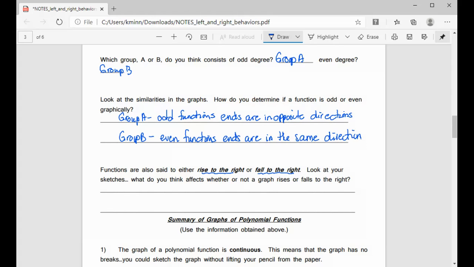If we're rising to the right, the lead coefficient is positive. That lead coefficient is A, so we had a positive A. That will rise to the right. It will fall to the right if your lead coefficient was negative.